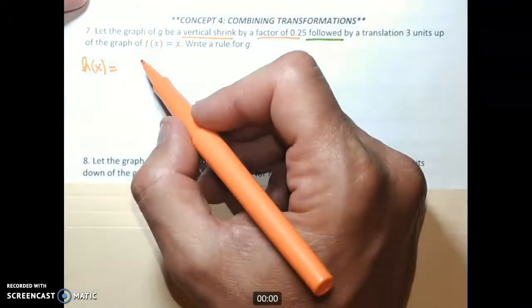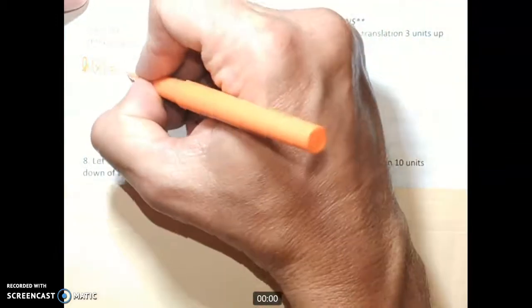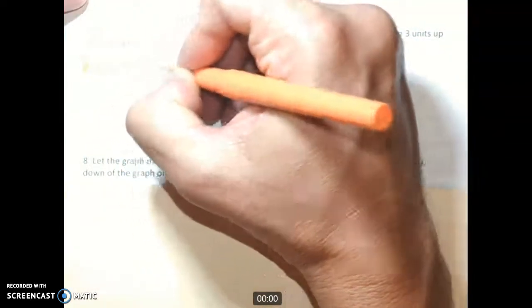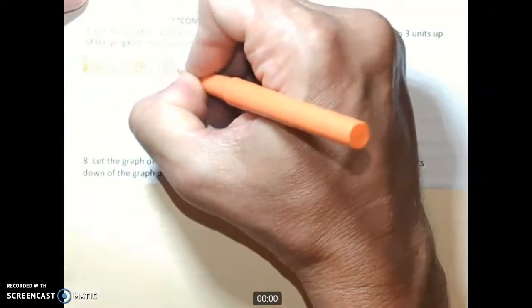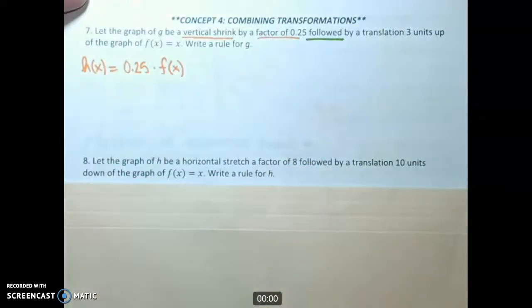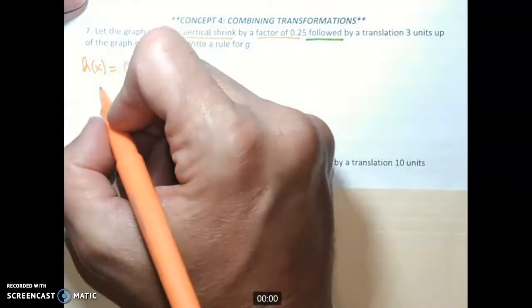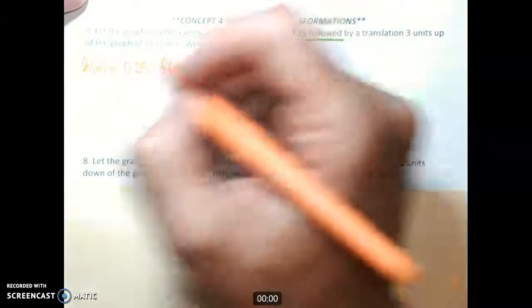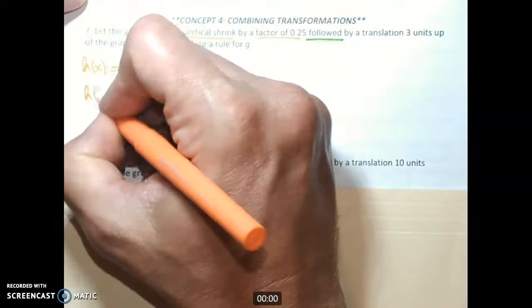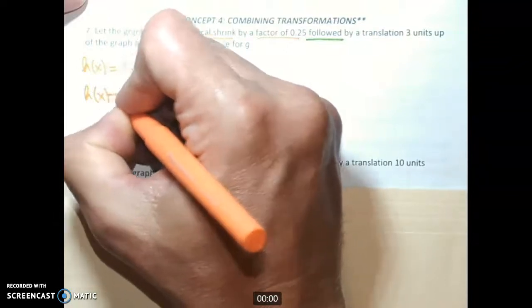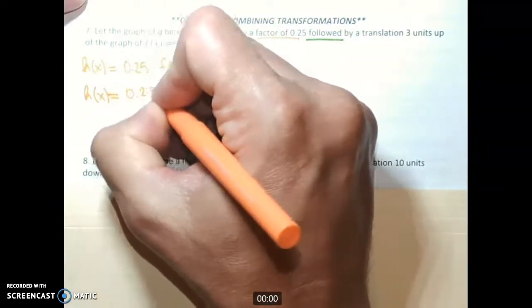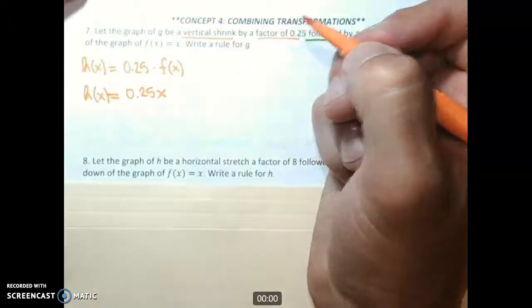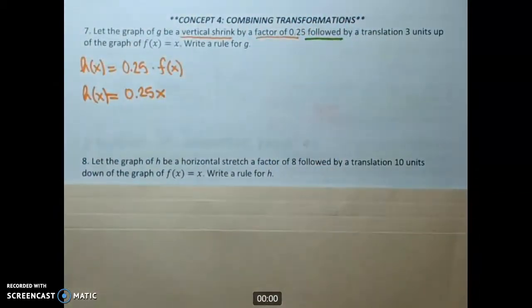Vertical shrink is going to come in front, so it's going to be 0.25 times f of x. Now I'm going to replace f of x with just x, since f of x equals x. So now I have h of x equals 0.25 times x, or 0.25x. And voila, done. I can't go any farther, so I'm good there.